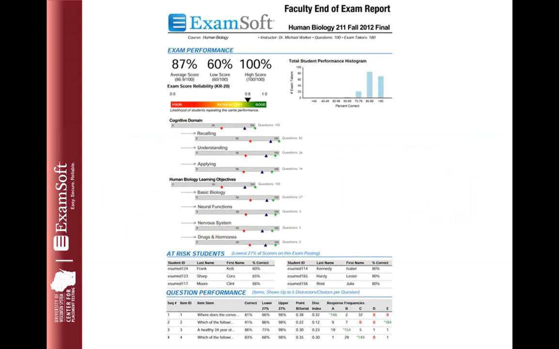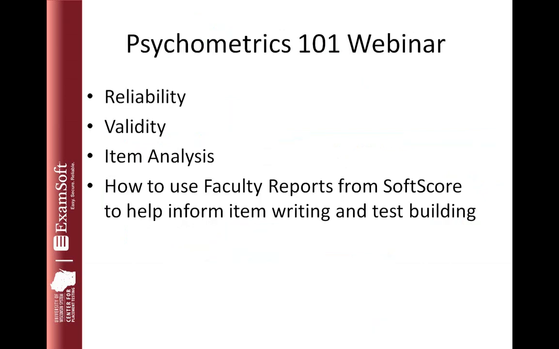But these reports actually take this a step further, and this is something that we're going to talk about in an upcoming webinar, a Psychometrics 101 webinar, where a colleague of mine and I are going to talk about conceptually what do we mean by test reliability and validity, how do we measure reliability, what is an item analysis, and how can we use that to inform our test writing and our revision.